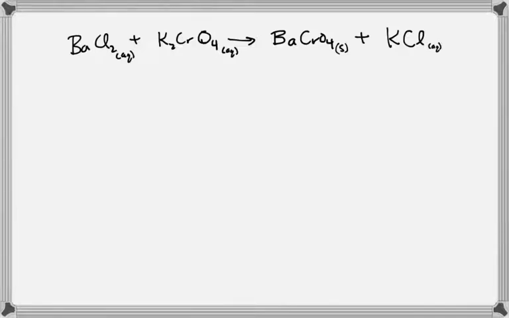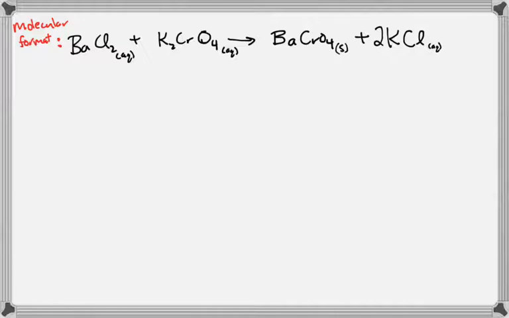Excuse me, if we go through and balance this, we need the 2 in front of our potassium chloride. The format of the equation, so now we're going to talk about some other terms that can pop up here. What we've got as our format is the molecular format, meaning we are showing all of the molecules involved in this equation.